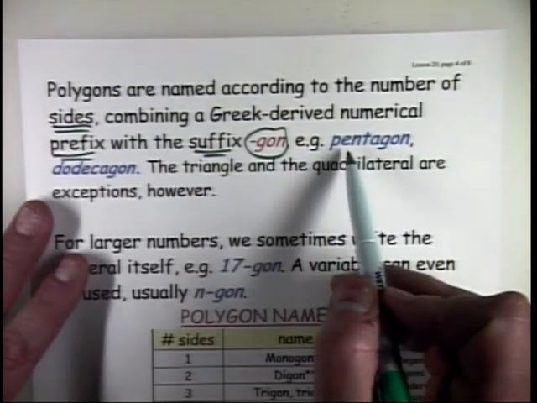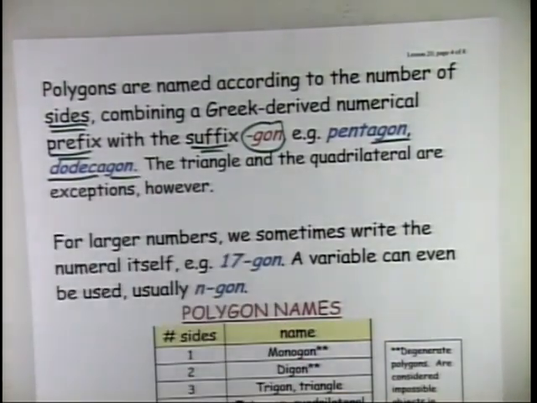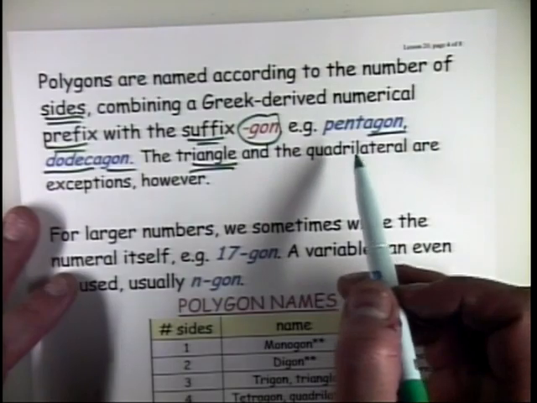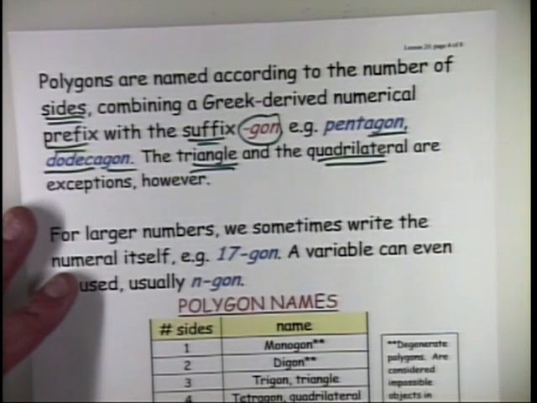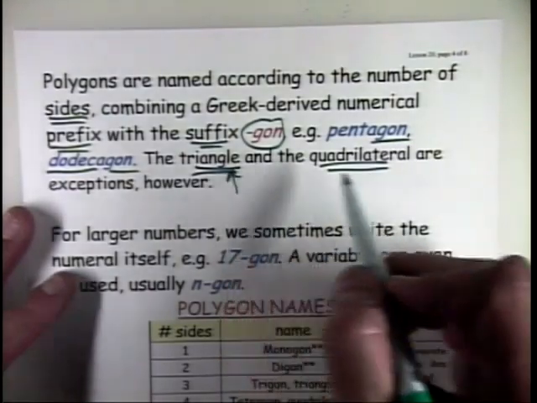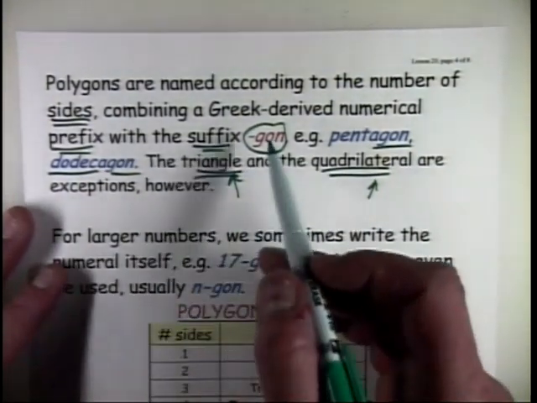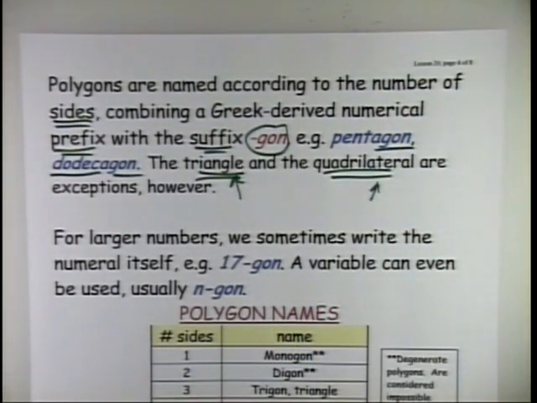For example, pentagon and dodecagon. Some interesting names here. Now, the triangle is a polygon, and the quadrilateral is also a polygon. But these 2 are going to be the exceptions because notice triangle does not end in gon, neither does quadrilateral. They do actually have scientific names.